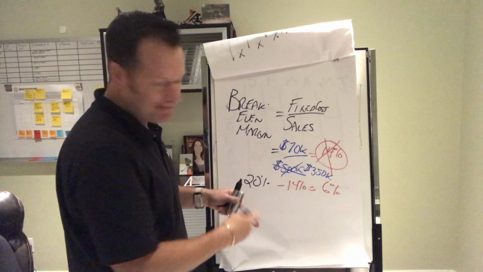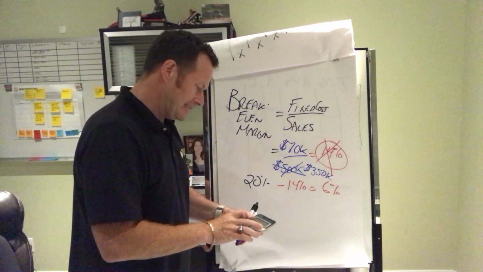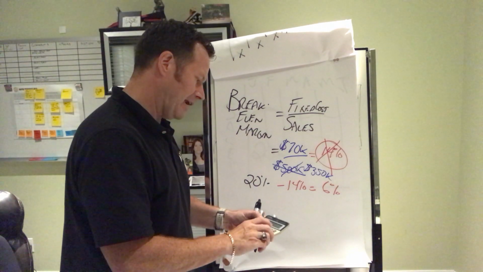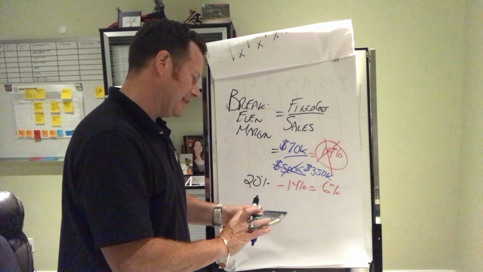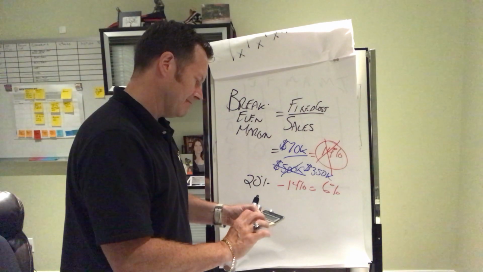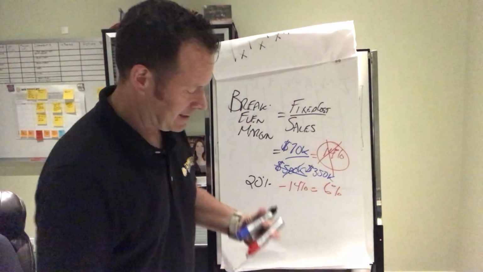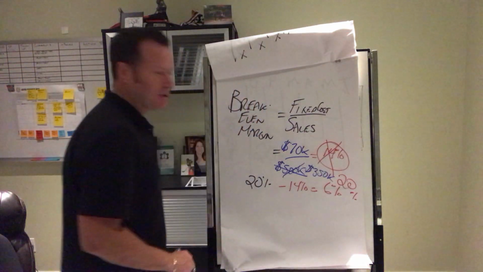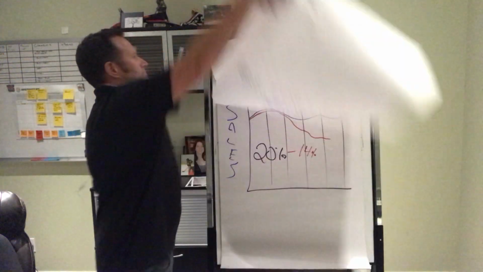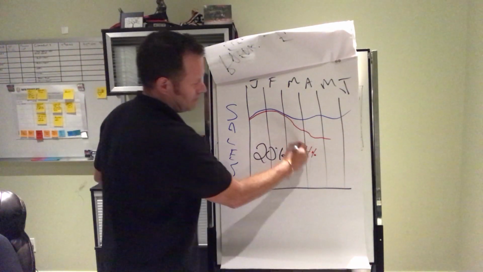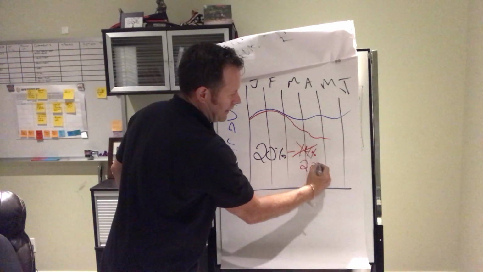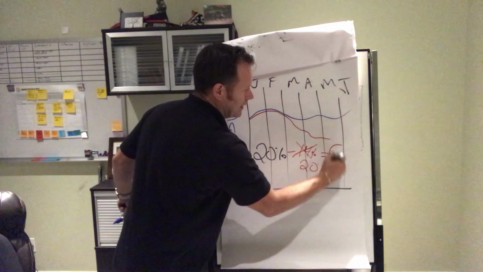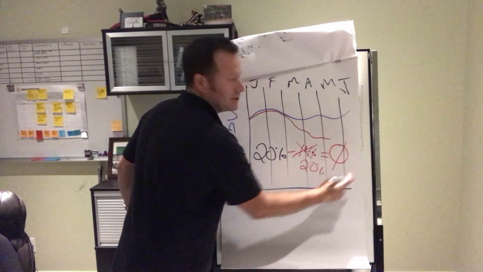And let's just say we take a look at this: $70,000 divided by $350,000, get ready for it, is 20%. 20% minus 20%, you got the math right. They are quoting jobs to make zero profit.